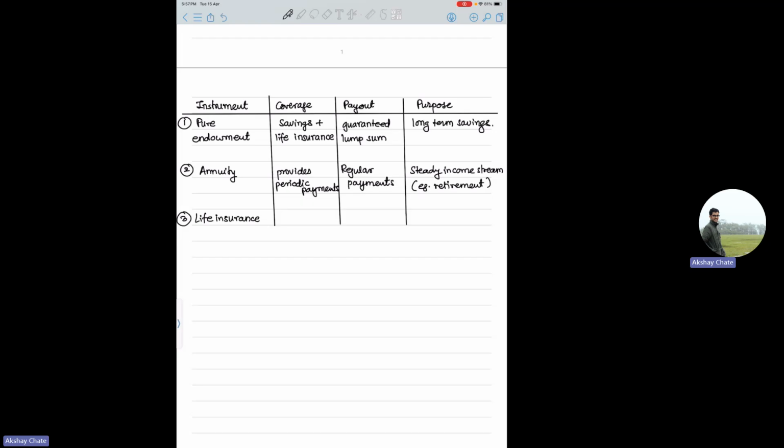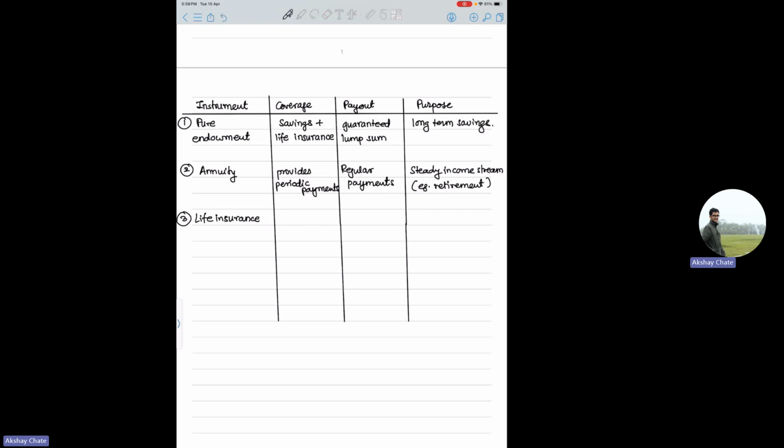Okay, so life insurance, there are different types, but here you get death coverage also. Permanent life insurance, or lifetime coverage. Death coverage is primary for term insurance actually.